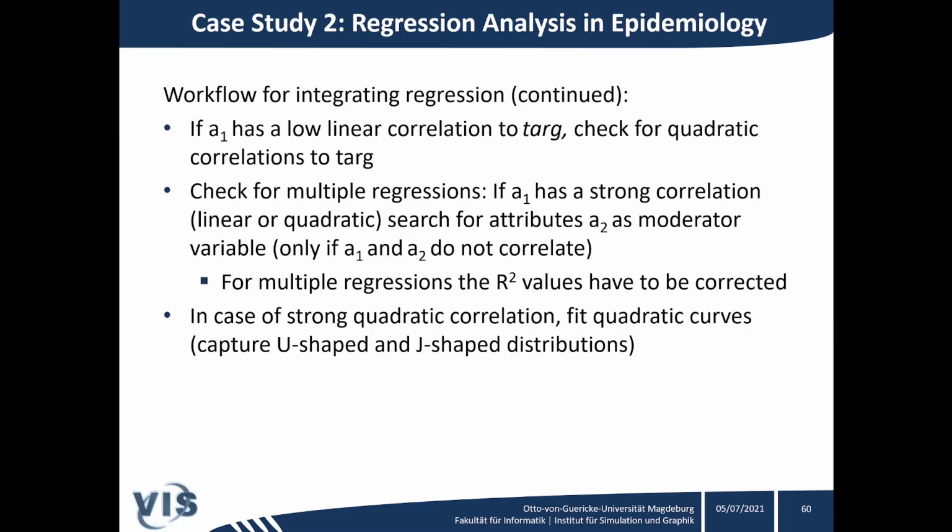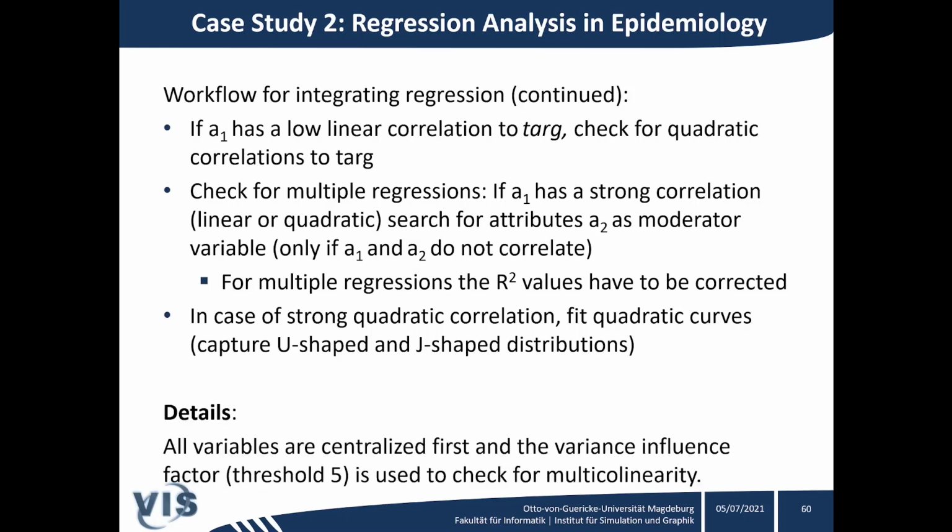Keep in mind that for multiple regressions, the R-squared values have to be corrected. In case of strong quadratic correlation, we have to find quadratic curves. They capture the U-shaped or the J-shaped distribution.